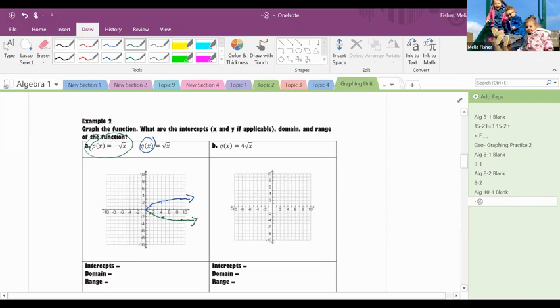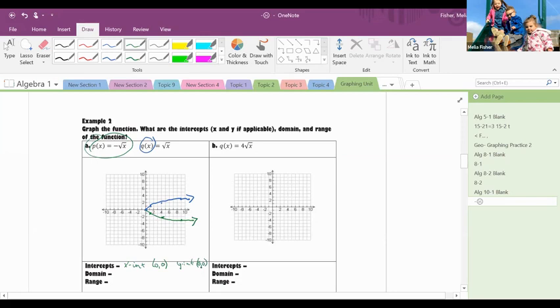So don't confuse yourself that that is one graph. Those are 2 separate graphs. The blue is different than the green. There is an x-intercept at 0, 0, and a y-intercept at 0, 0 for both of them.